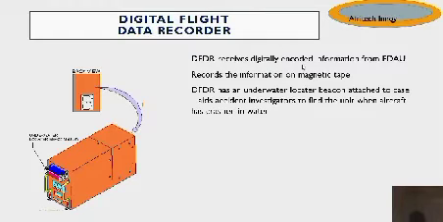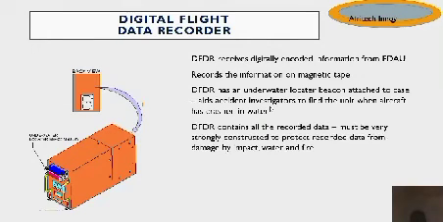The DFDR has an underwater locator beacon attached to the case. It aids accident investigators to find the unit when an aircraft has crashed in water. The DFDR contains all the recorded data, so it must be very strongly constructed to protect recorded data from damage by impact, water, and fire.